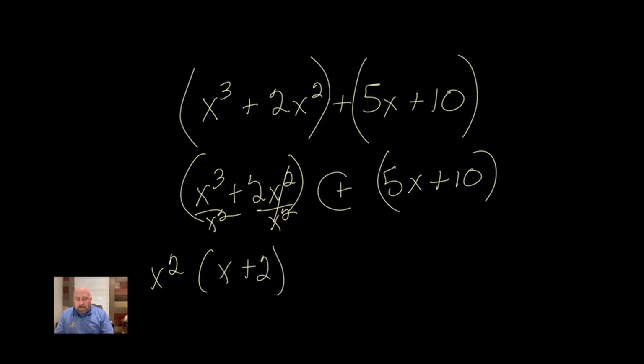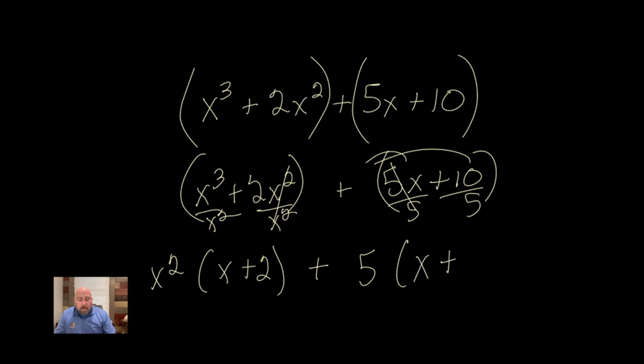Okay, and then don't forget your plus sign. It's still hanging in there. And then this one, what happens here? We have a common 5 that can come out. So 5 comes out. If we divide everything by 5, we end up with an x plus 2.